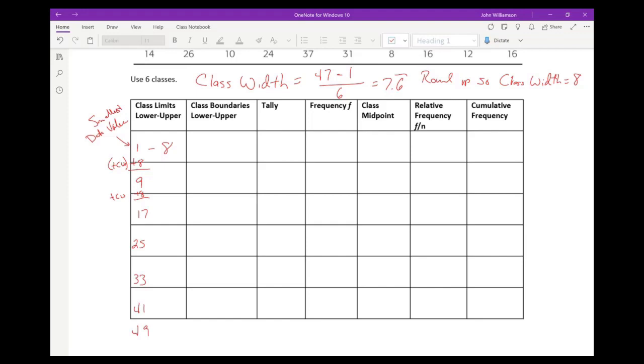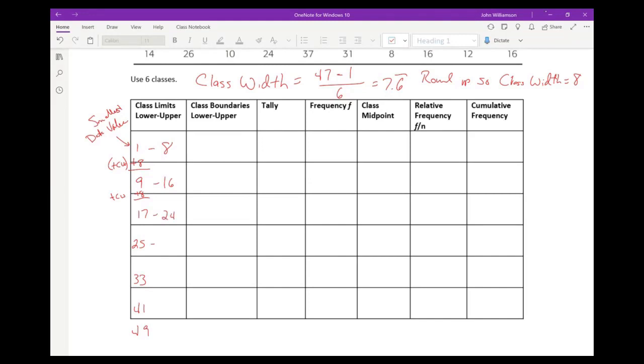You might see some on Hawks where it's not perfect whole numbers, because of the way Hawks generates the random data, but the ones I'm going to have you do will always be whole numbers, so you don't have to worry about decimals. So 1 to 8, what's the next upper class limit going to be for that second class? 16, exactly. And then 17 to what?